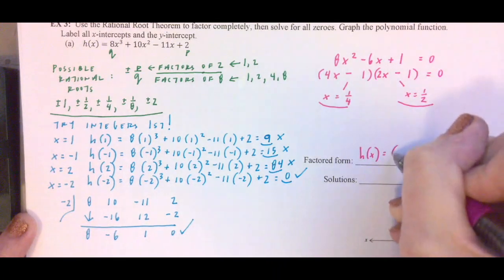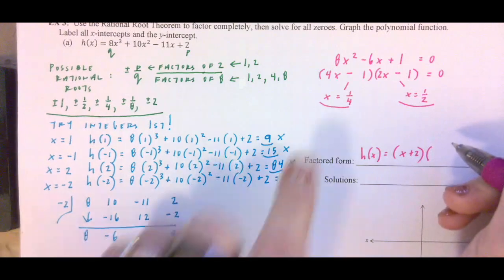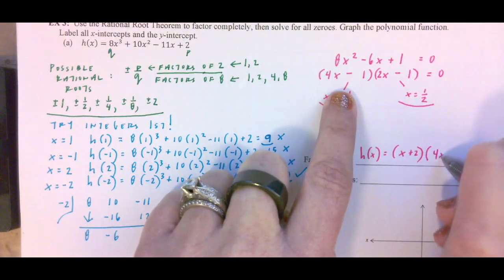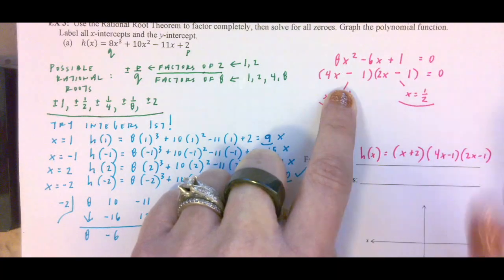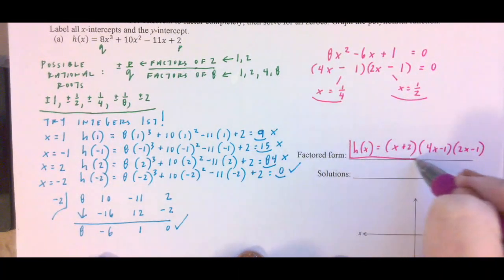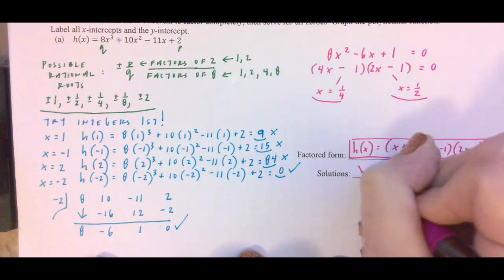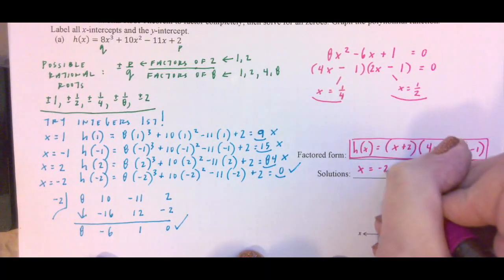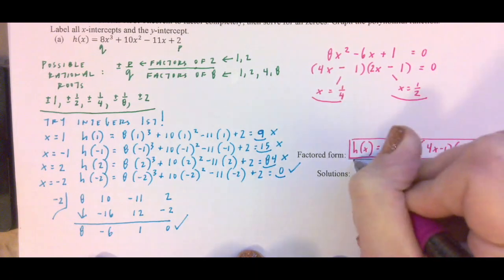So as a factor, that is x plus 2. These other two factors, 4x minus 1 and 2x minus 1, right there. So I have it in factored form. And then my solutions, I can say that x equals negative 2, 1/4, 1/2.